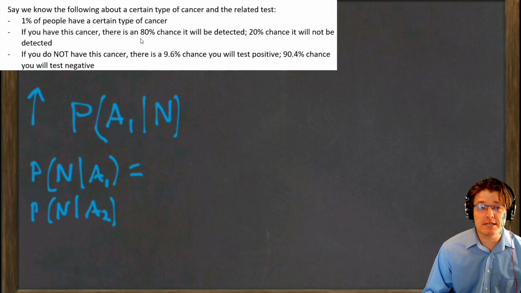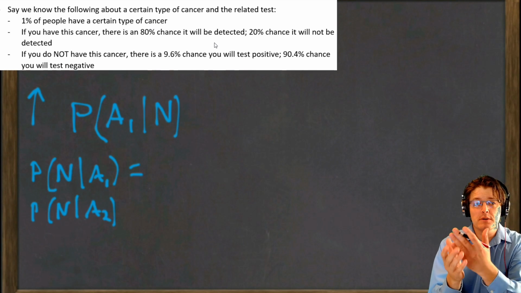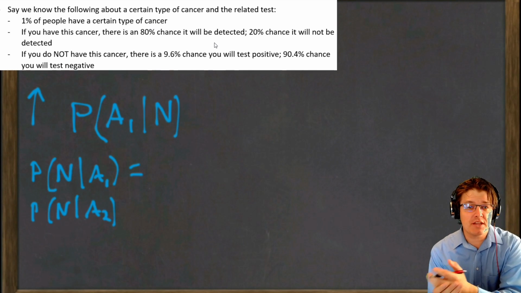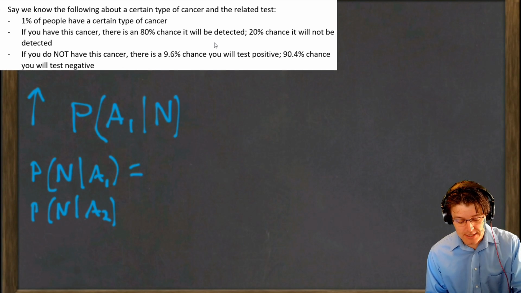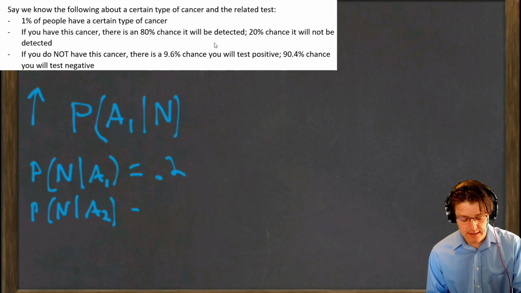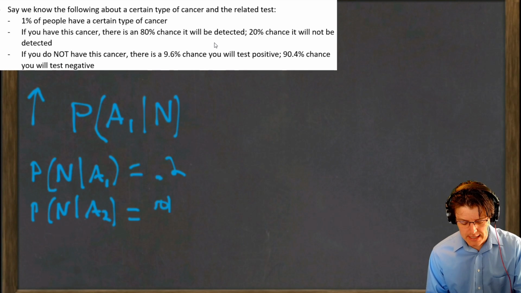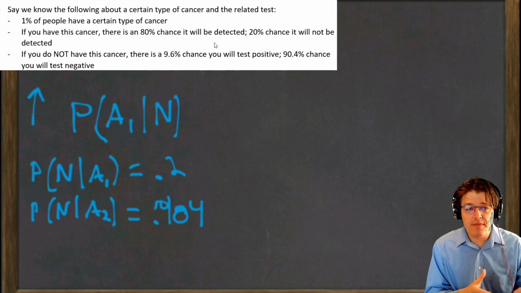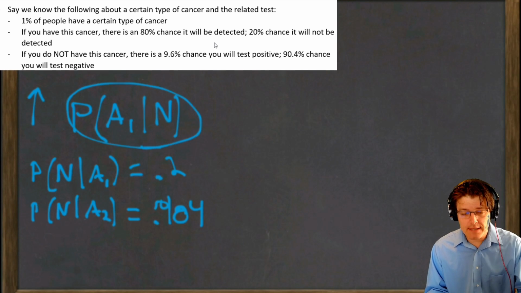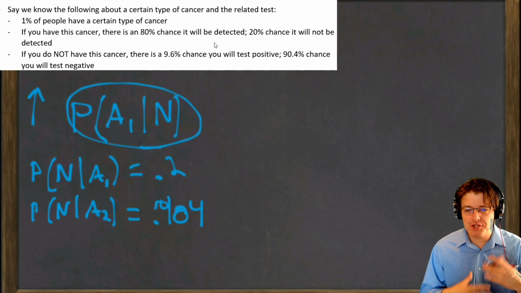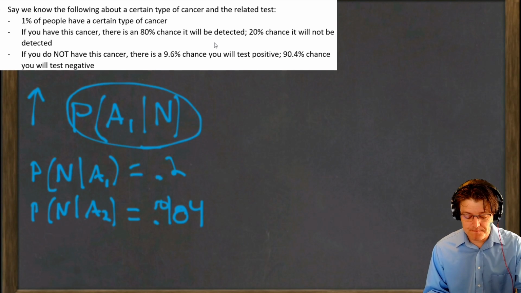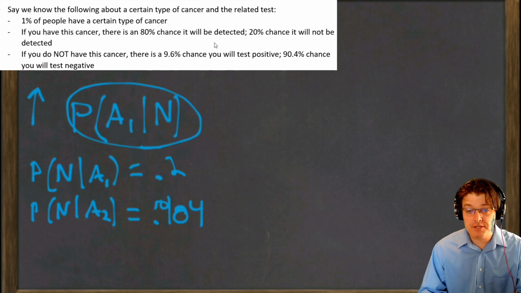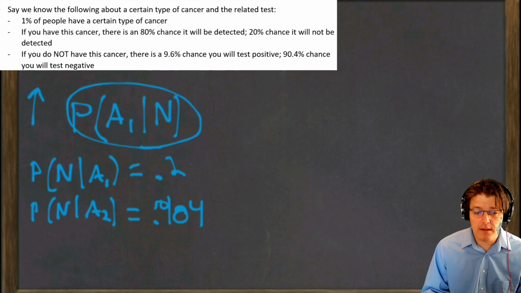Okay, and these are still contained in here, because what's the probability of a negative test given that you have cancer? We know that it's 0.2, and then this one is 0.904, right? So we could then calculate this answer by just reworking that formula. Okay, so it might be something you can try on your own.